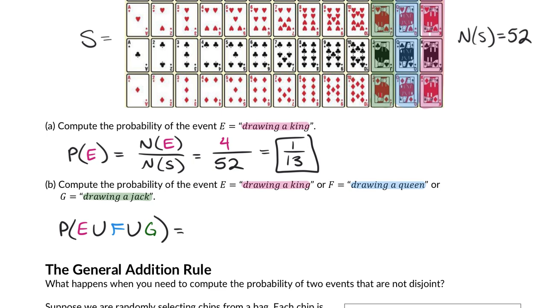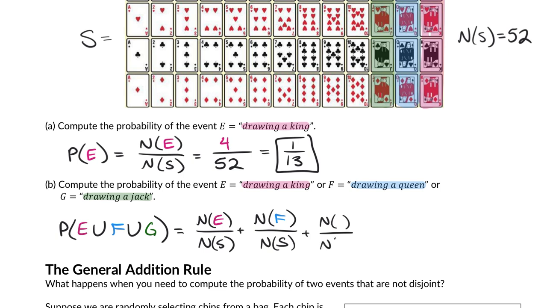It would be separately each individual probability. So we will do the number of kings over the sample space plus the number of queens over the sample space plus the number of jacks over the number in the sample space.